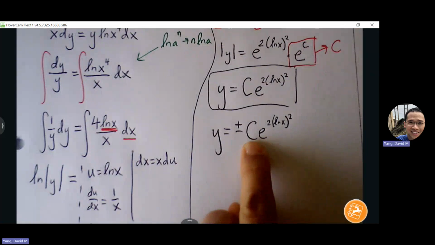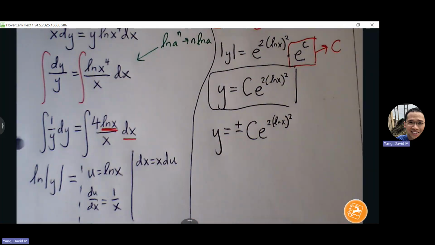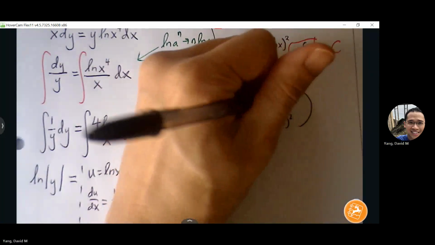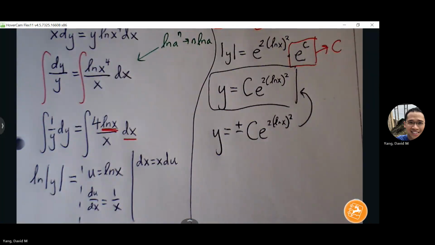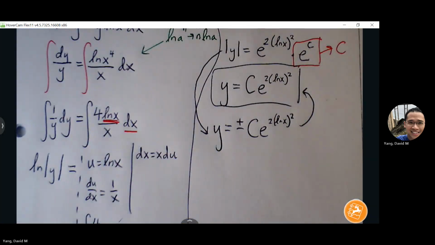But then c already represents both positive and negative numbers, so the plus or minus can just get sucked into that c. Okay, any questions here?